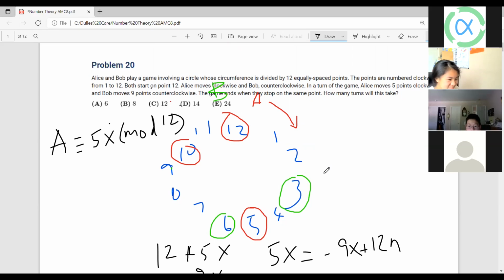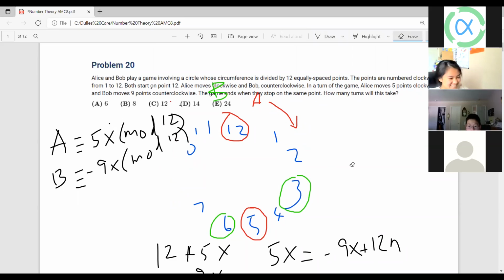Bob's turn is equivalent to negative 9x mod 12. And then at some point, 5x mod 12 is equal to negative 9x mod 12. And the reason why there are 3 lines here, it's not a regular equal sign. It's 3 lines means equivalent.